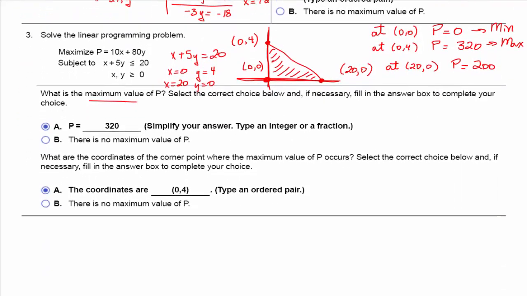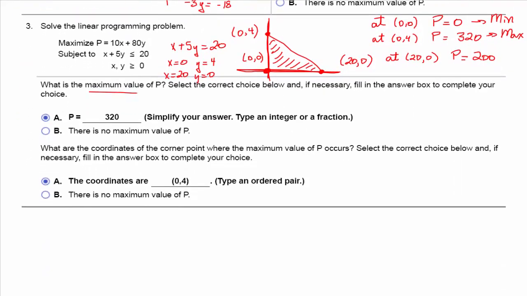All right, in question 3, we have something we'd like to maximize relative to these conditions. This last part here says we're in quadrant 1. This is a little easier because all we have is one line.